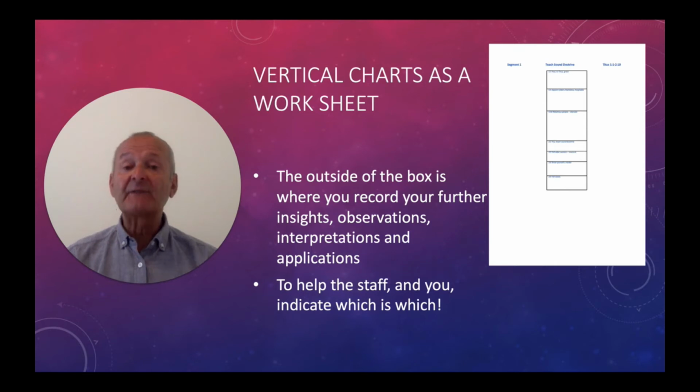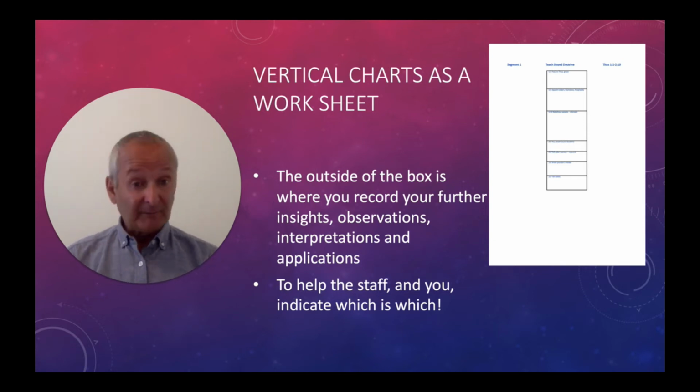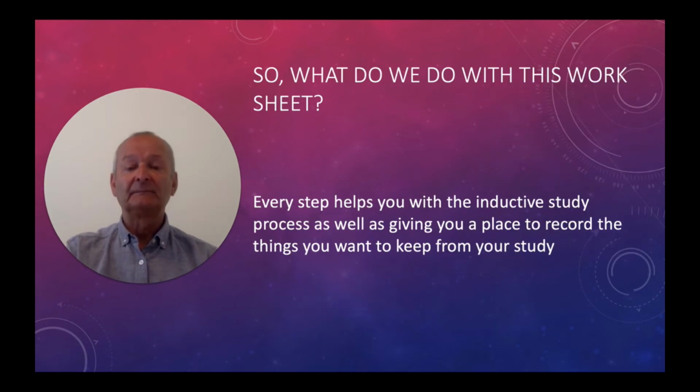The outside of the box is where you record your further insights, observations, interpretations, applications. To help the staff, we're going to ask you to indicate what you're writing, whether it's an observation, interpretation, or application. So that's a basic worksheet.